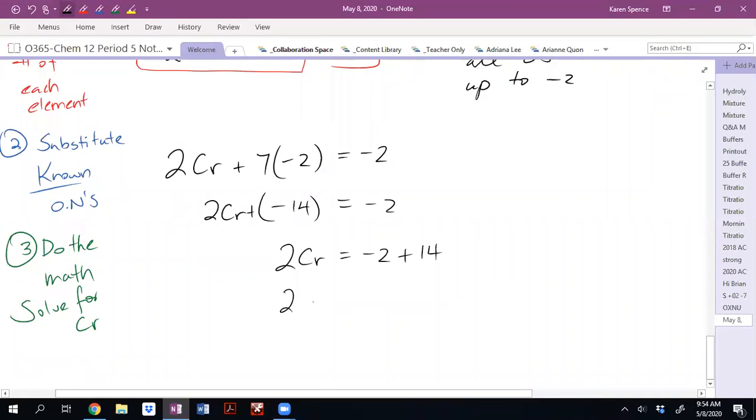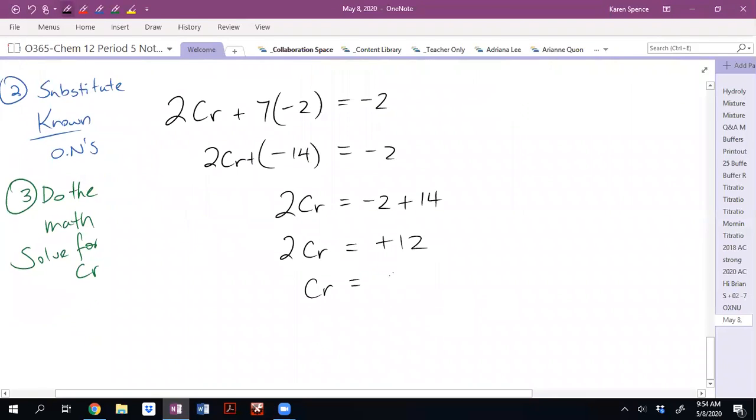So now we have 2 chromium is equal to +12. And now chromium is equal to 12 divided by 2, which is +6. But don't forget that an oxidation number must always have a charge.